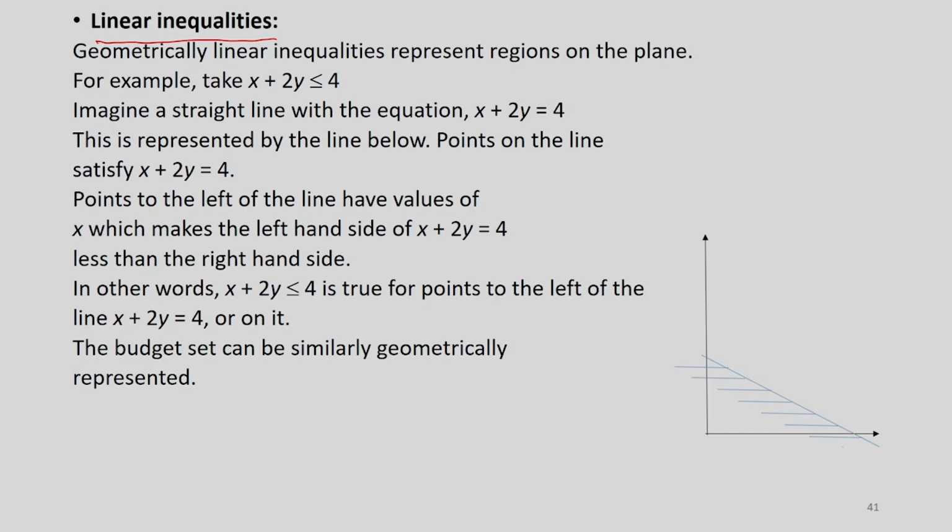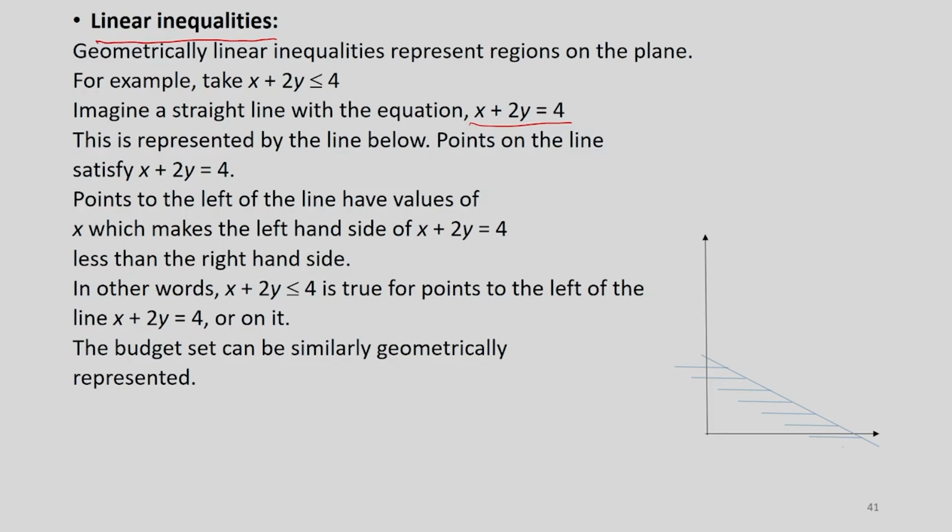Imagine a straight line with the equation x plus 2y is equal to 4. I am just removing the less than sign, imagining that instead of less than or equal to, I am taking the equal to sign. If I do that, I get x plus 2y is equal to 4.